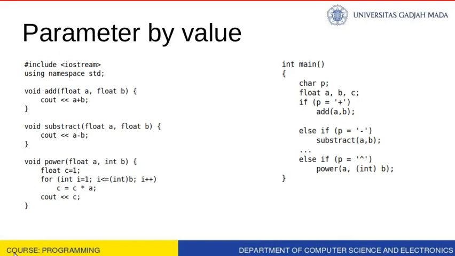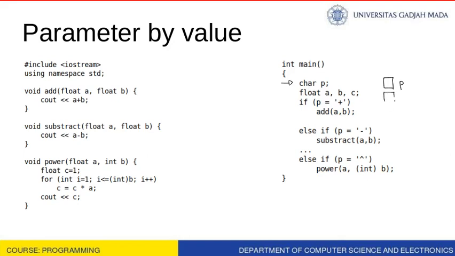Then in C++, there are 2 types of parameters, and the first type is parameter by value. So what is parameter by value? Let us see here. When we execute the first line of the main program, we allocate a memory space with the name p and the type char.